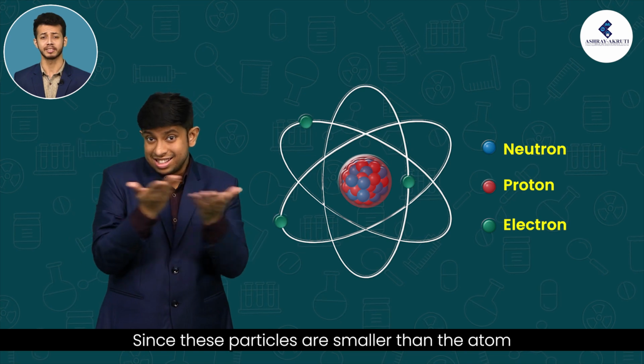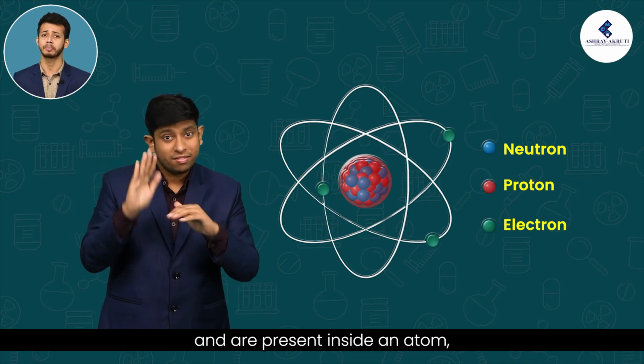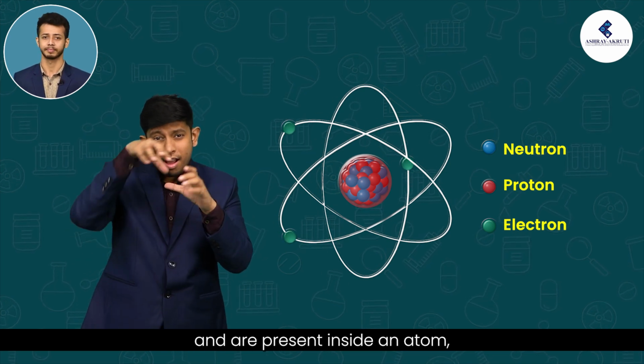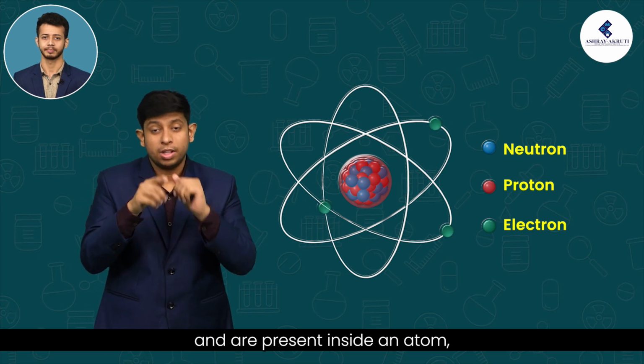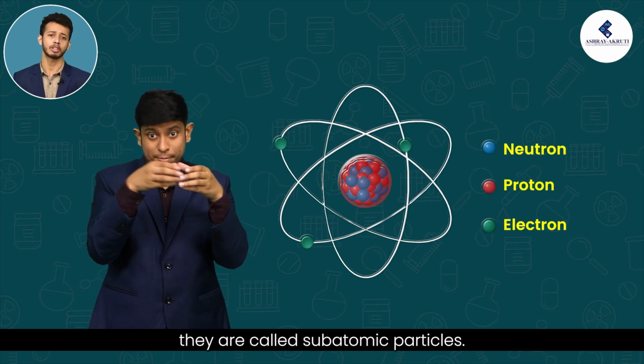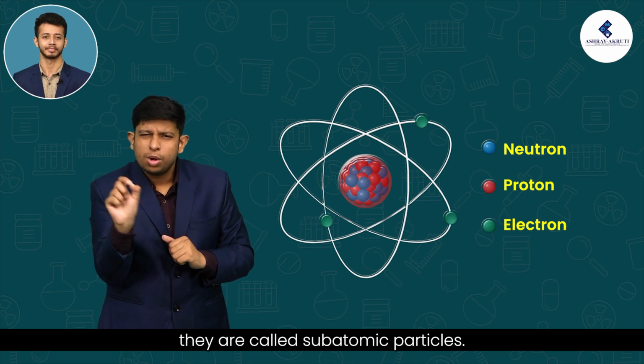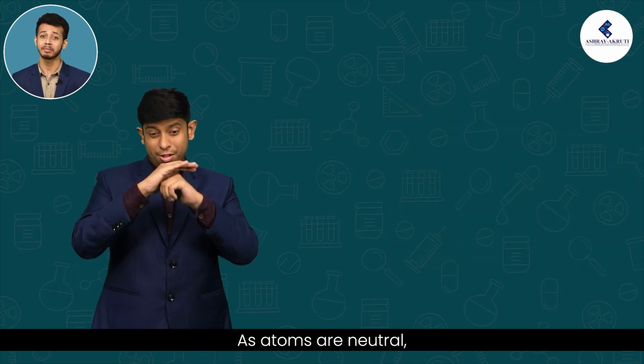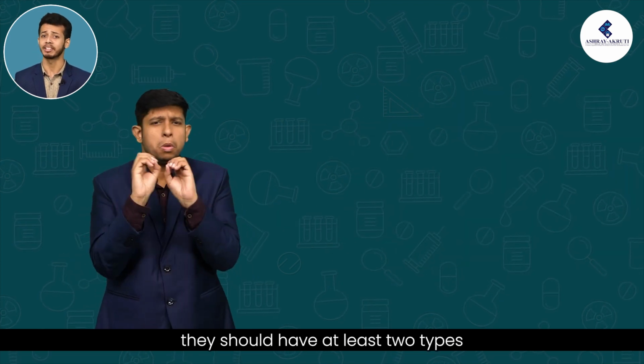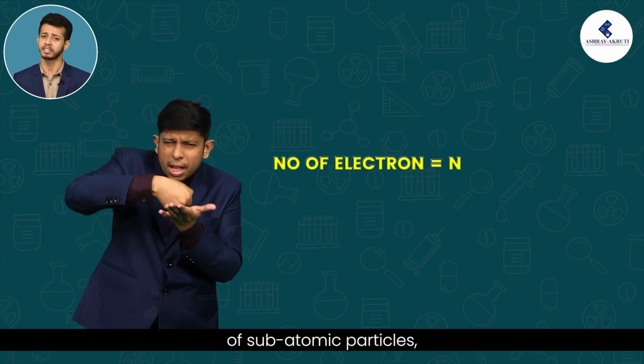Since these particles are smaller than the atom and are present inside an atom, they are called subatomic particles. As atoms are neutral, they should have at least two types of subatomic particles.